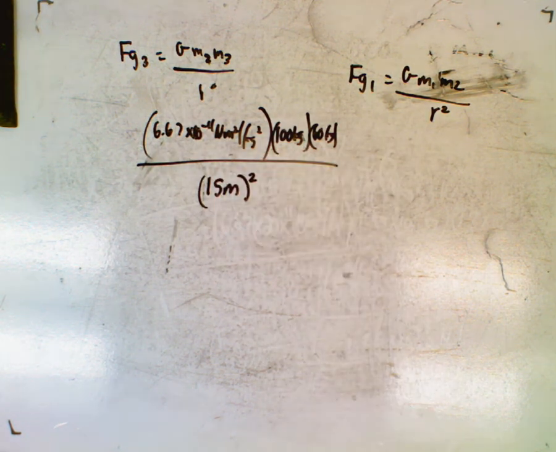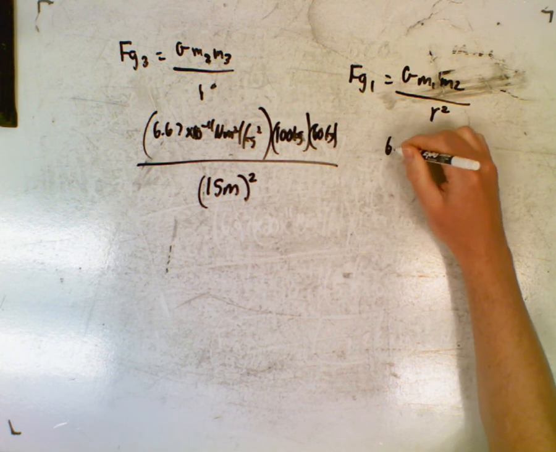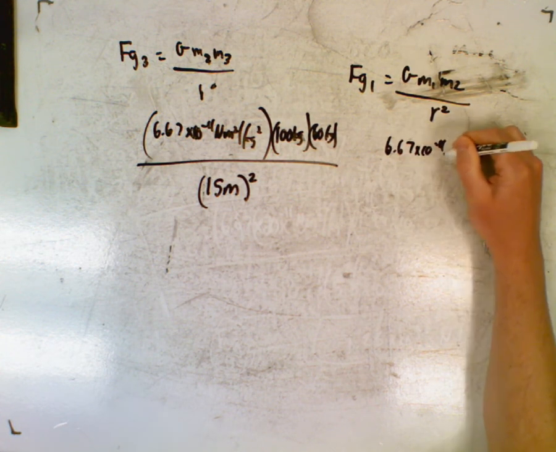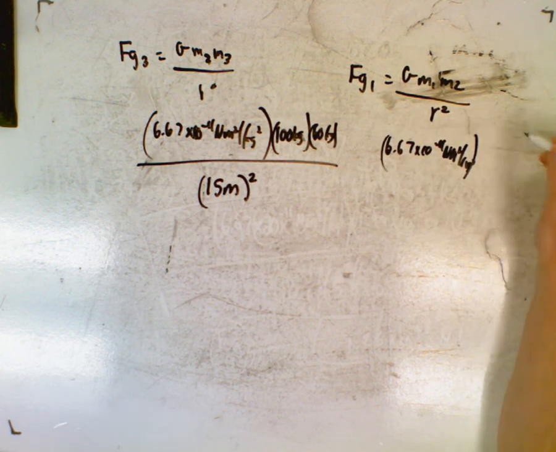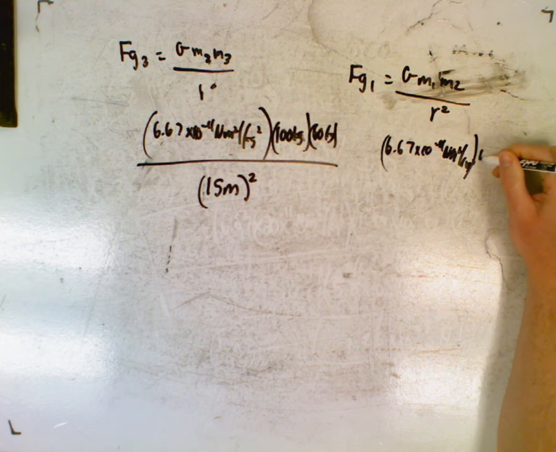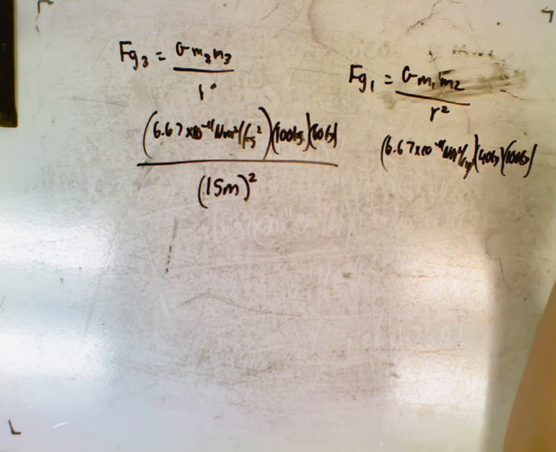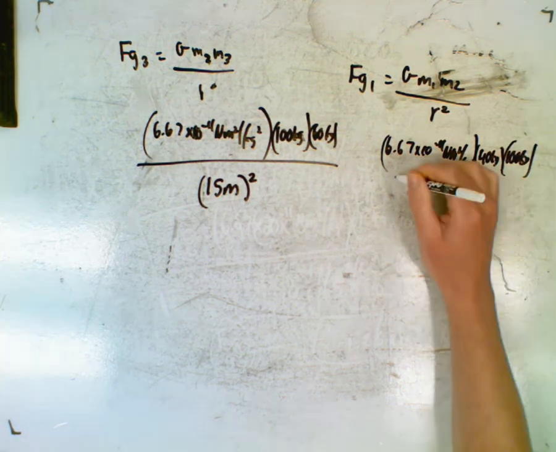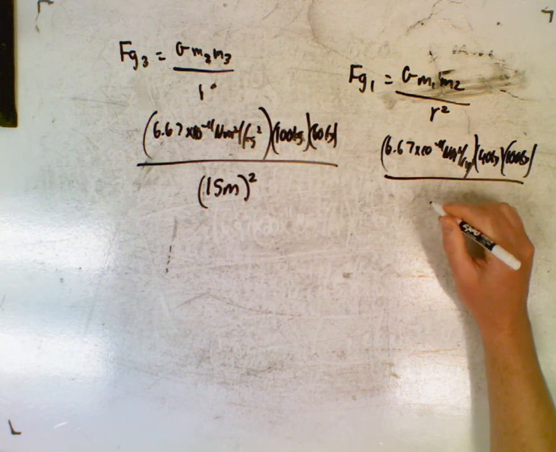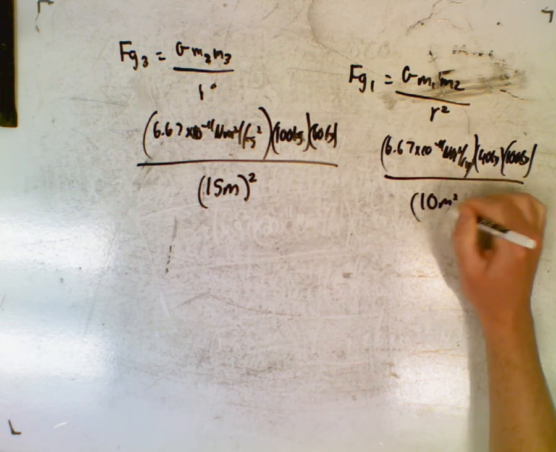And we have to square that. The other one is 6.67 times 10 to the negative 11, and mass 1 is 40 kilograms. And I want to find the attraction between the 40 kilogram mass and the 100 kilogram mass. The radius between those two is 10 meters, squared.